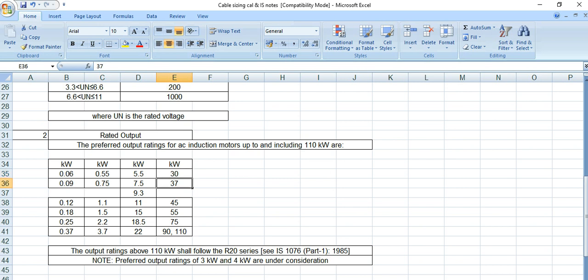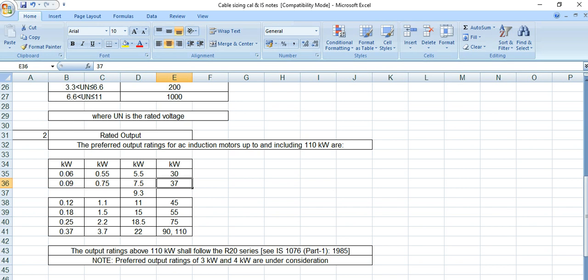Based on the load factors, you have to choose whether it will be 37 kilowatt or 45 kilowatt or any higher size, but not lower than that value. Otherwise the application, the pump or the fan or the compressor, will not start, because that motor cannot supply the starting torque required to start that load.